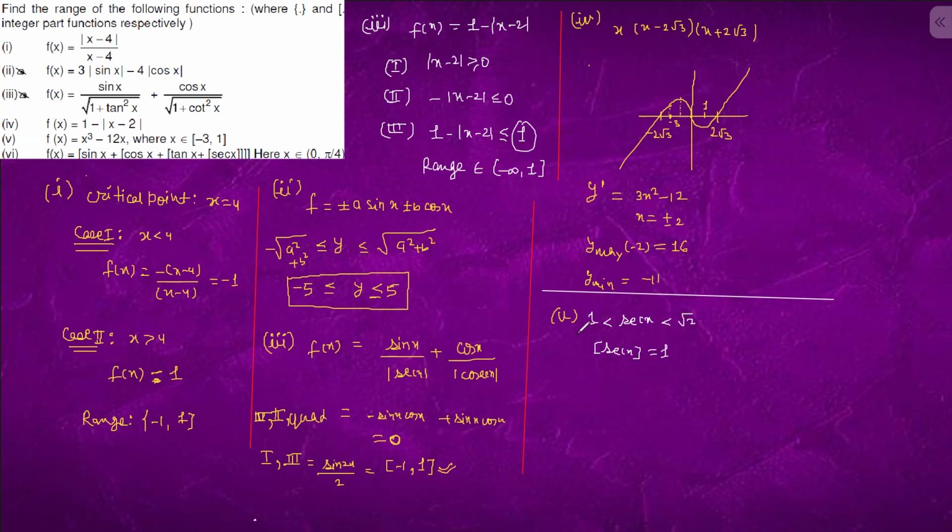So now we have 10x. This was first. Second, we have 10x between 0 to pi by 4. It will be less than 1, bigger than 0.